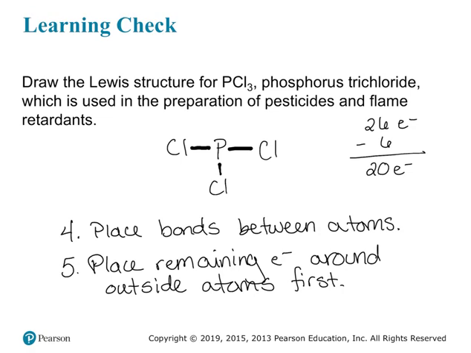Now, when we're placing remaining electrons around the outside atoms, we're trying to give each atom an octet. So let's focus on the chlorine on the left. It already has 2 electrons that it's sharing with phosphorus. So now we want to give it 1, 2, 3, 4, 5, 6 more electrons, so it has an octet. So that's 8 electrons total. Let's do the same with the other 2 chlorines.